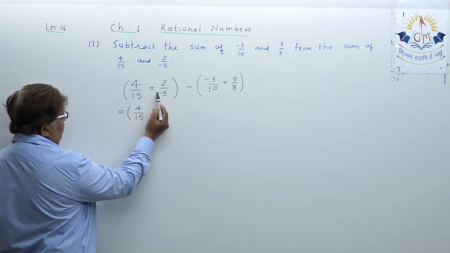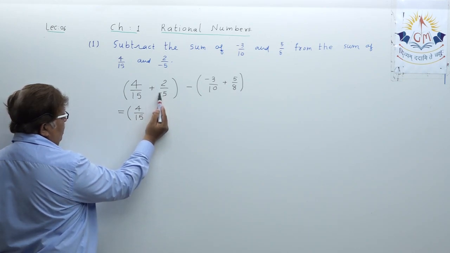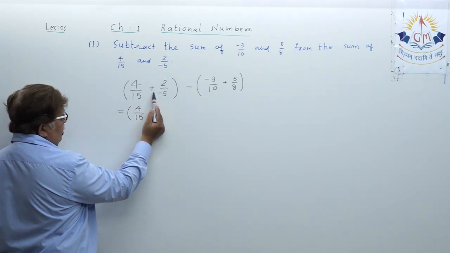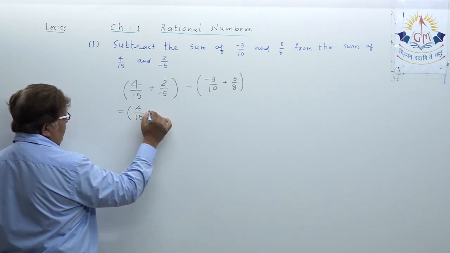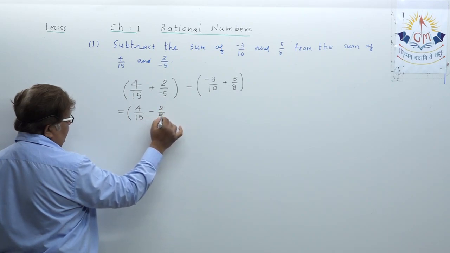Now dear student, this double sign has to be solved, because either in numerator or denominator the negative sign applies to the whole rational number. So plus minus minus 2 upon 5.